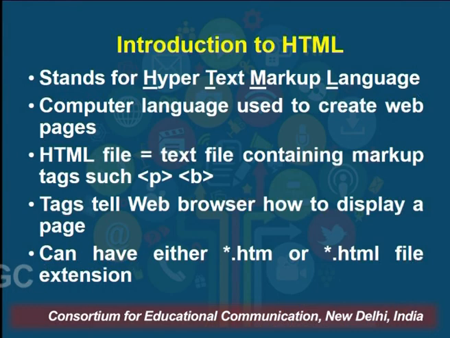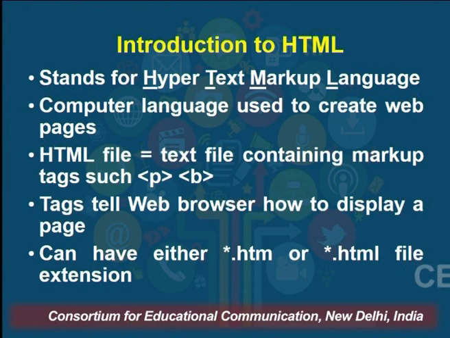It is called markup because there are no programming commands used, but only certain symbols or marks that we use for creating the look and feel of the page. And of course it is a language because it's a computer language which is used to create web pages. So an HTML file is actually a text file, and this text file contains some markup tags.